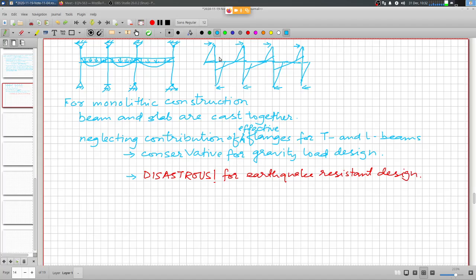The maximum negative moments are at the beam column face, and they decrease very rapidly as you move away from the beam column face.